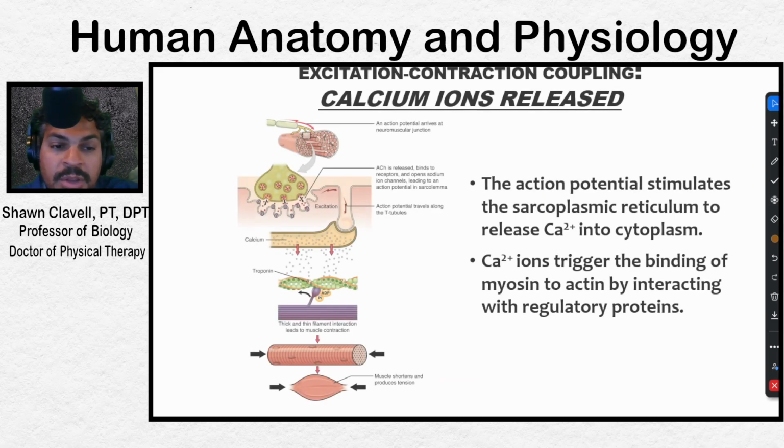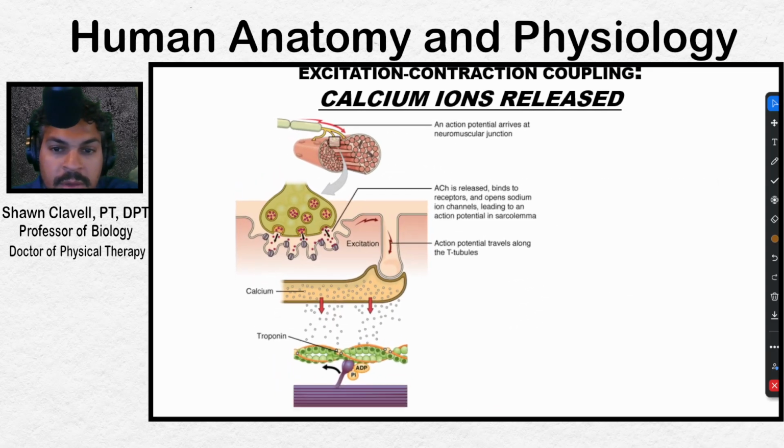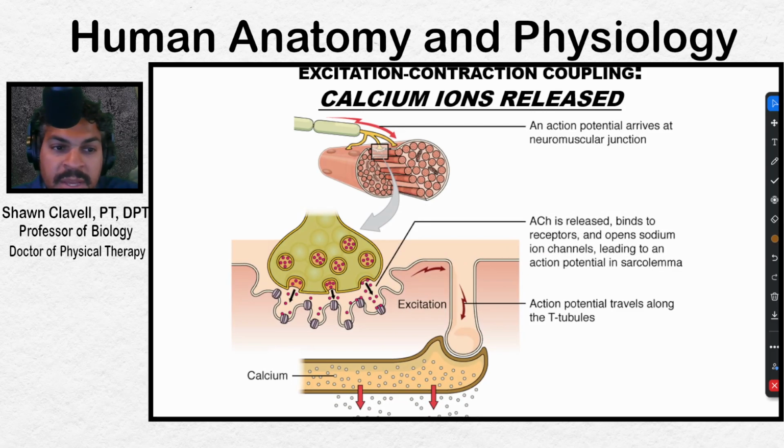Let's take a look here in this slide. First, it's the stimulation of the nerve, which causes an action potential. That action potential will travel across the entire sarcolemma down into the T tubules, and then it will stimulate the sarcoplasmic reticulum to release calcium.